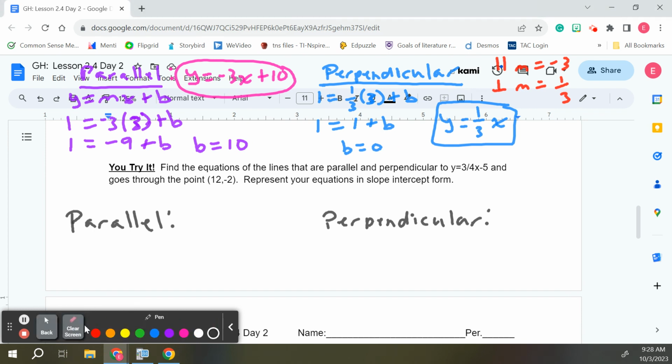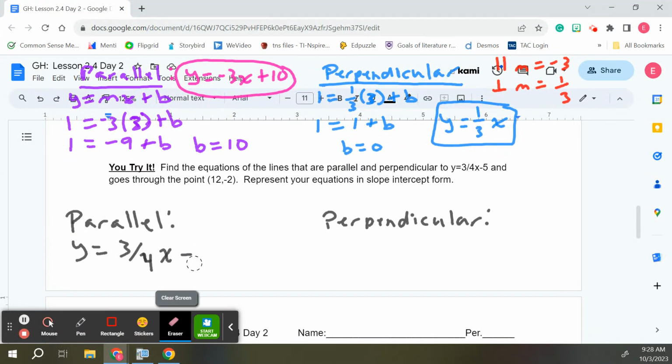All right, so what's the parallel line equation here? Who can tell me? Go ahead. I got y equals 3/4 x minus 11. Very good. And how about the perpendicular equation?